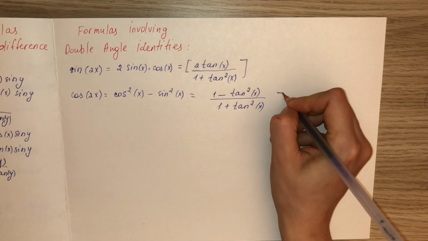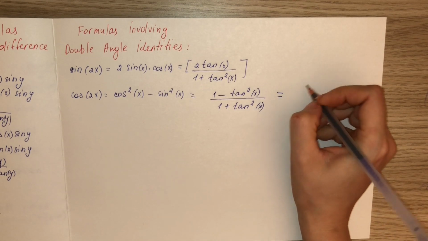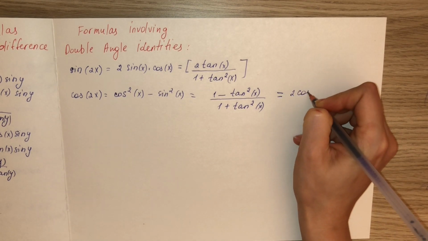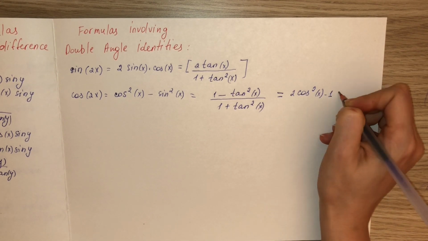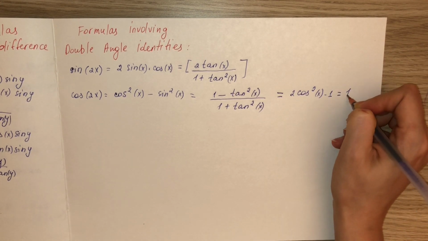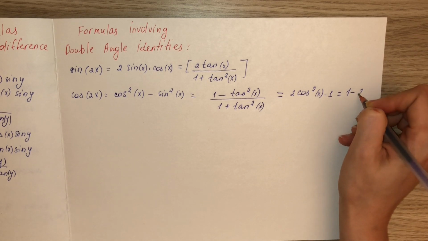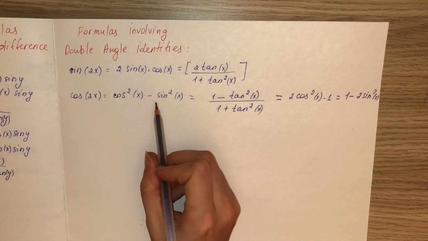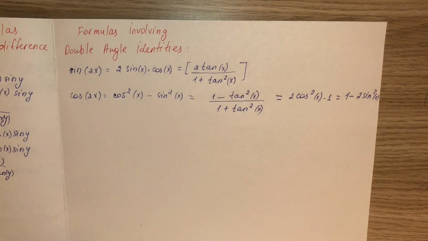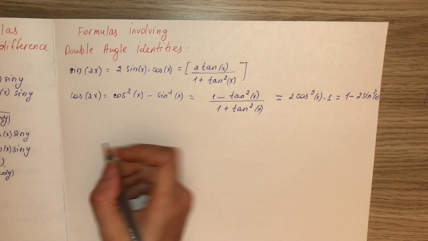Also, we can write the third formula, 2 times cosine square x minus 1, and also 1 minus 2 times sine square x. You see, 1, 2, 3, 4, there are 4 formulas.